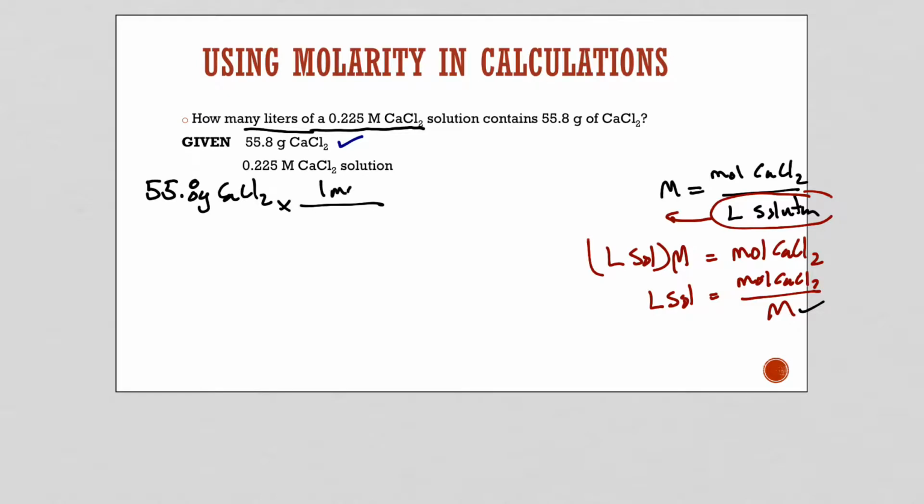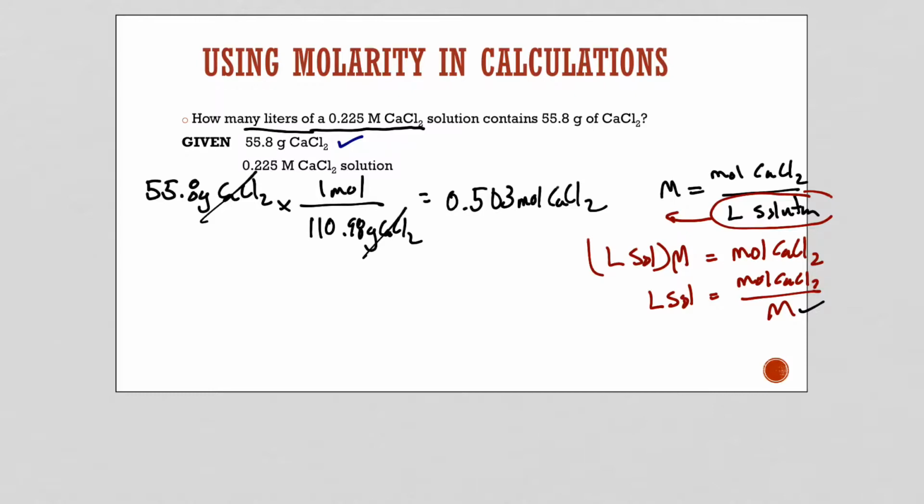So for every 1 mole, I have 110.98 grams of calcium chloride. So just simply by adding up the 2 chlorines and the calcium there, my grams cancel, and I do my math, and I end up with 0.503 moles of calcium chloride. So now I have my moles.